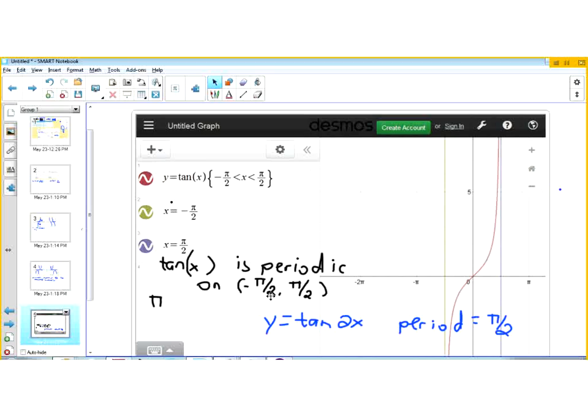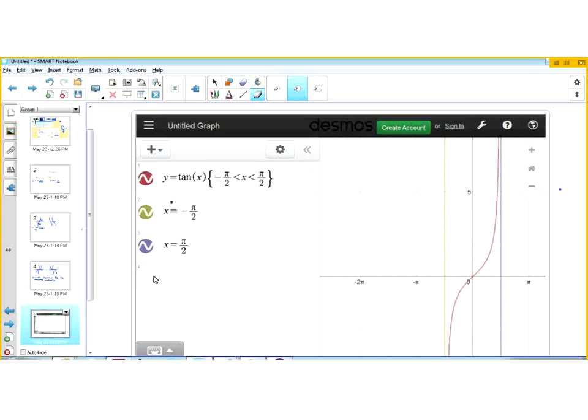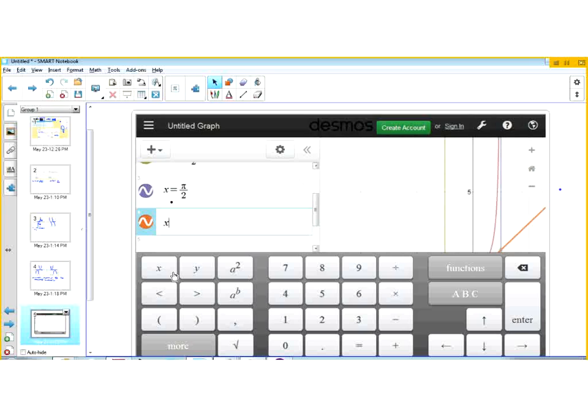So to do that, we would multiply negative pi halves by a half to get negative pi fourths, and then multiply pi halves by a half to get pi fourths, and that would constitute the endpoints of our interval of periodicity. All right, so let's do that. Okay, so now we will graph x equals negative pi over 4. That'll be the new interval, and then we'll graph x equals pi over 4.